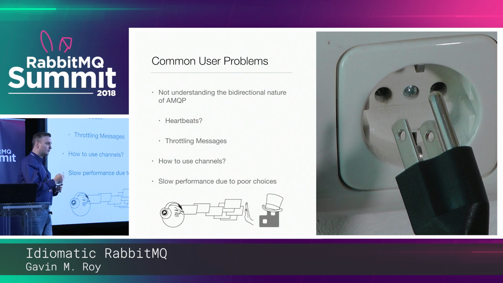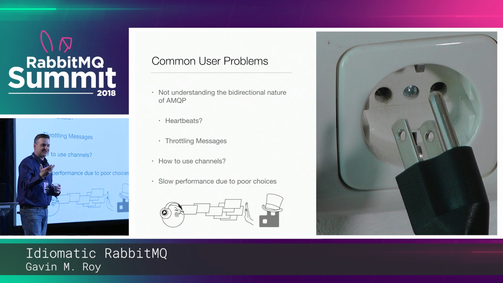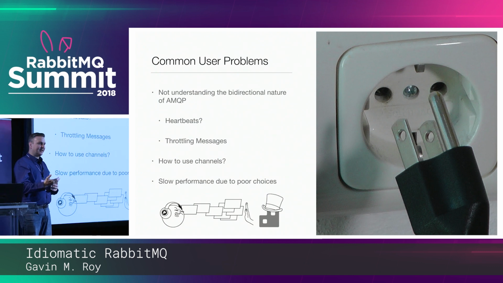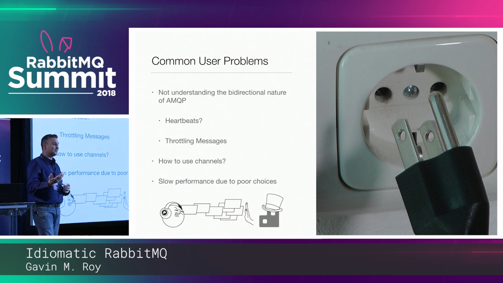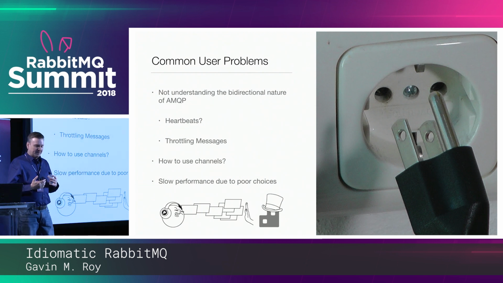Another fun one, which I mentioned before, is channels. One of the interesting things of supporting a client library in the open source world is the number of support requests you receive from people who are relatively new to using RabbitMQ and saying, hey, I'm trying to write this multi-threaded application, and I've got like 50 channels open doing all these different things, and I'm either getting poor performance or application behavior that is hard to figure out.